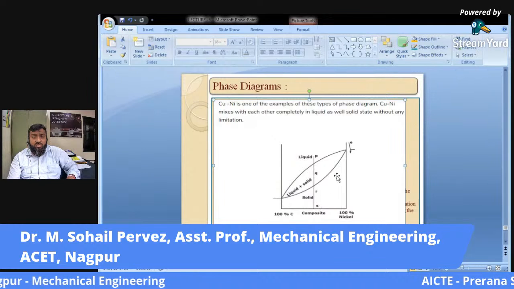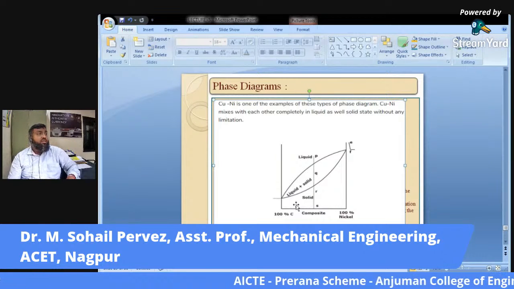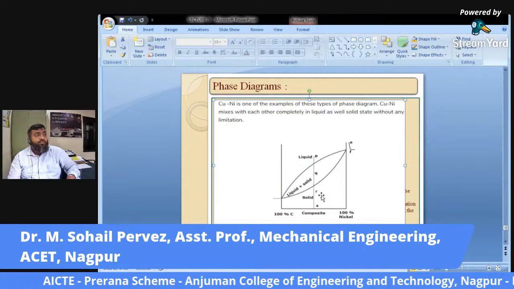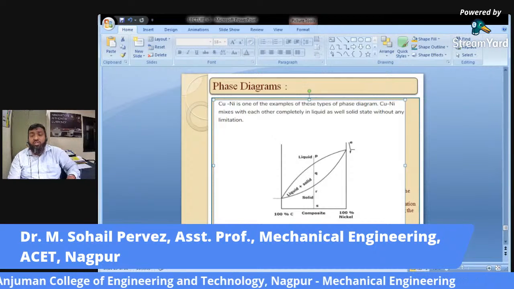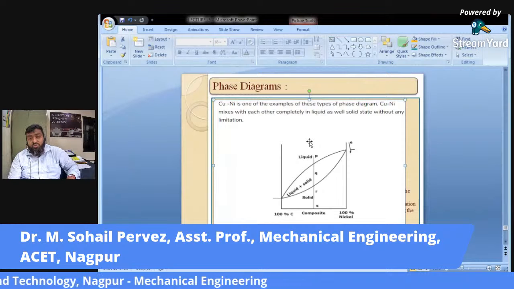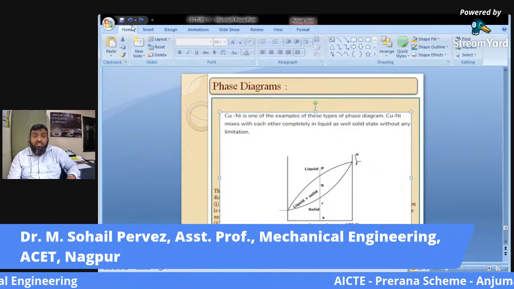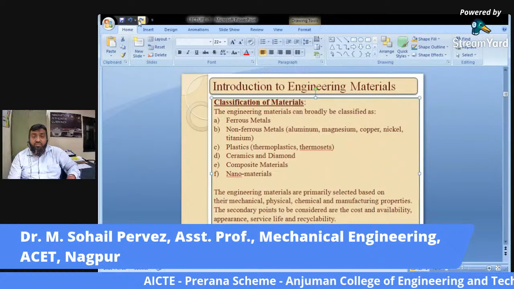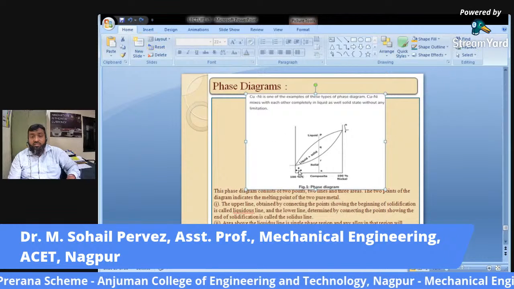This portion is nothing but solid, this is liquid plus solid, a liquid that contains solid also, and temperature has to do with this. So this is the phase diagram to be represented.